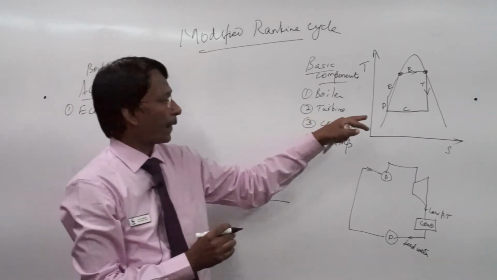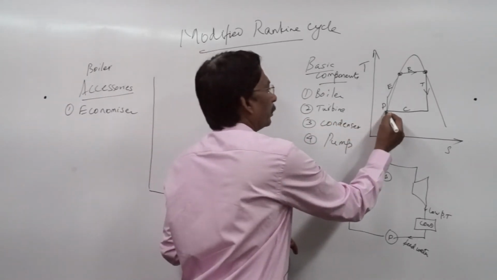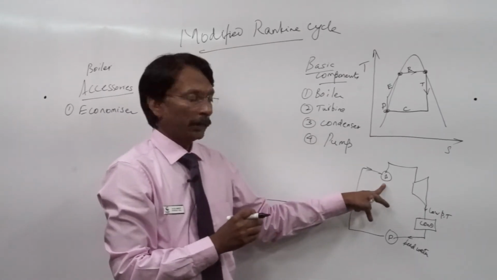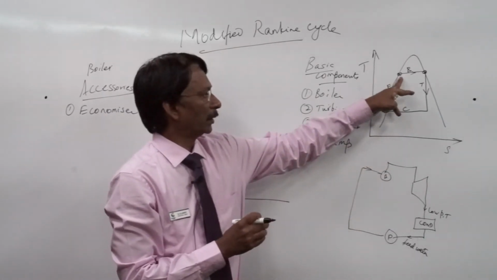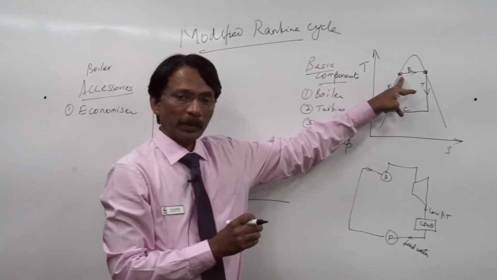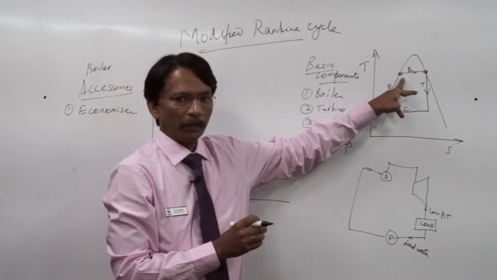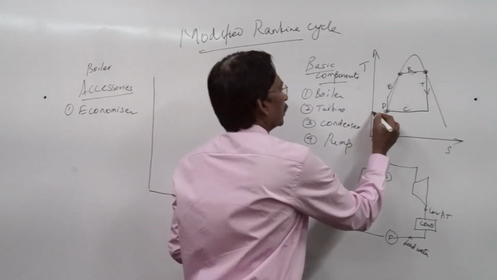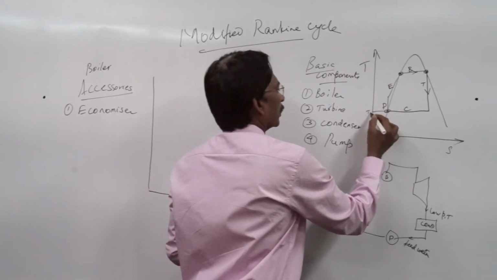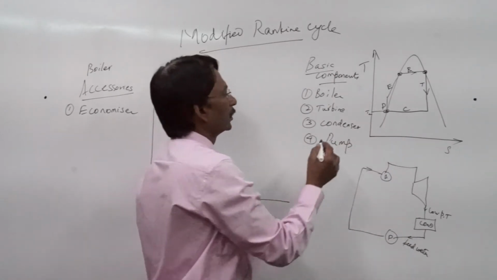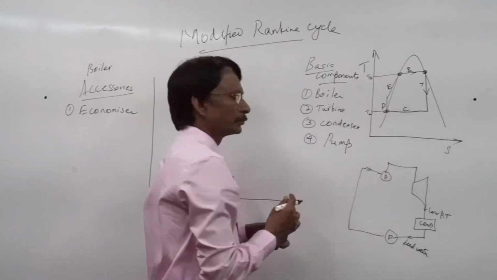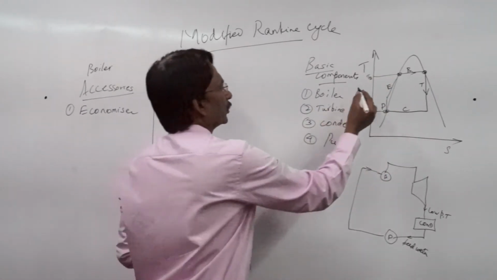And look at this. I am bringing the feed water into the boiler in the saturated liquid form at a higher temperature. Now this is your temperature at the condenser, Tc, and this is the boiler temperature, Tb.